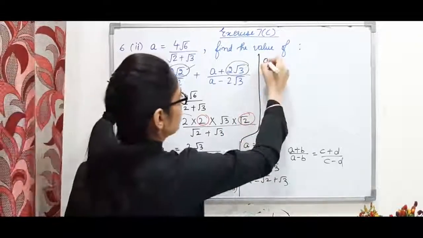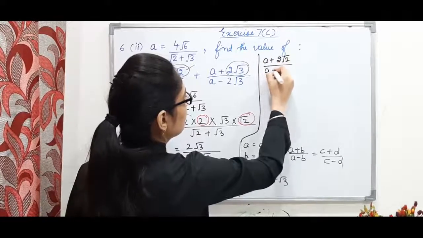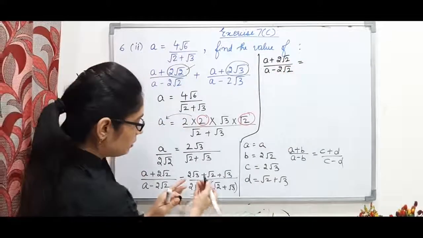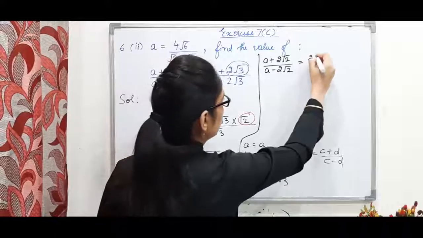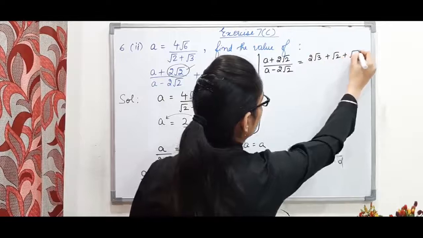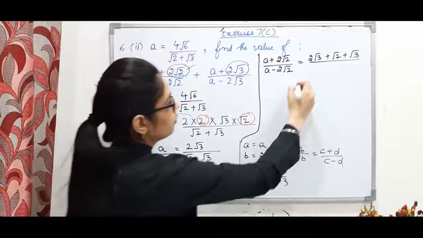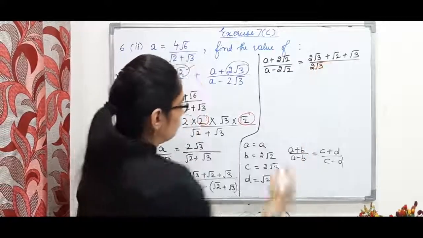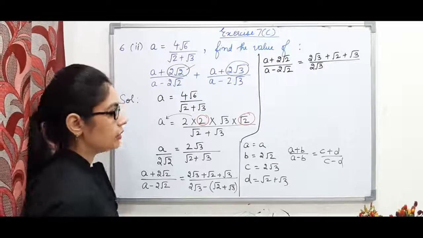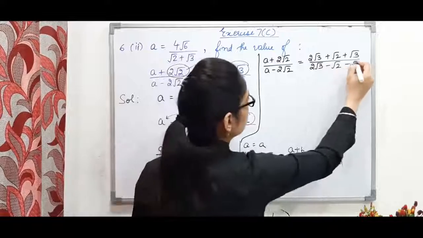So a plus 2 root 2 upon a minus 2 root 2 is equal to, first I will just write it as it is, 2 root 3 plus root 2 plus root 3. Here let's open the bracket, root 2, root 3 minus outside the bracket. So in here the signs we have to change. So this will be minus root 2 minus root 3.